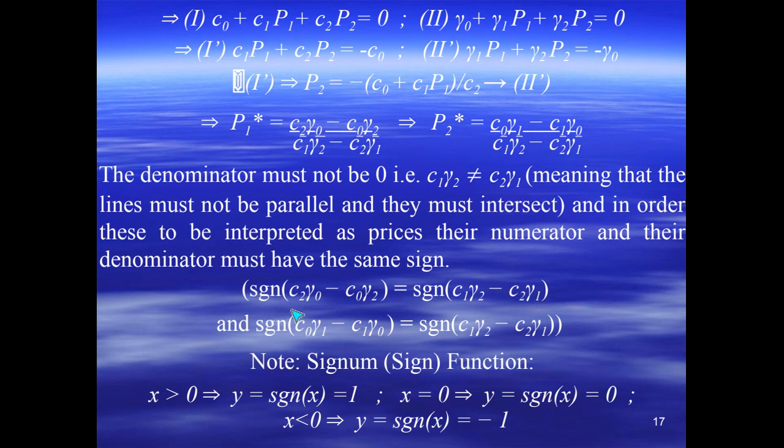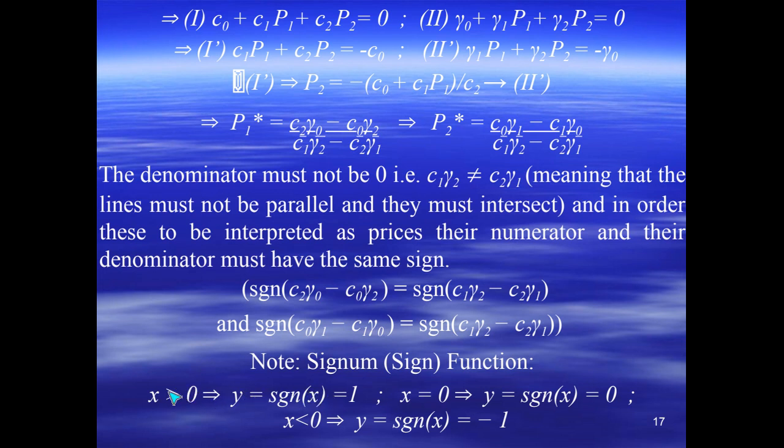You see? Here we can learn the signum function. Signum function is the sign. Signum is Latin; in fact, the word sign comes from Latin signum, which means sign. The signum function is a function which gives a value of 1 for y if we put something positive in it.